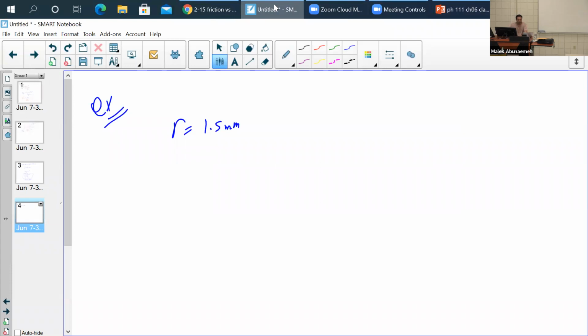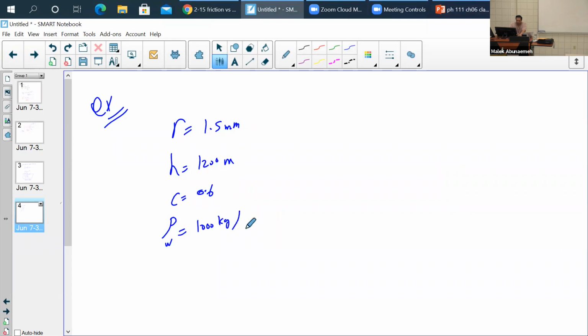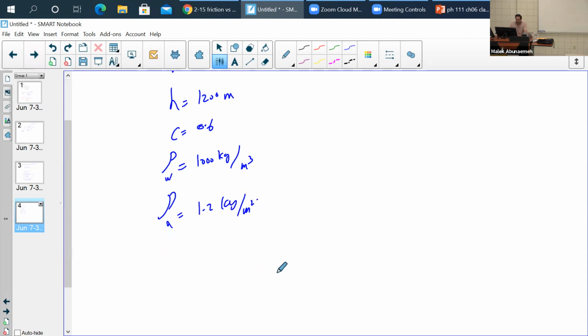So your height is 1,200 meters, where the drag coefficient C is 0.6, and the density of the water is 1,000 kilograms per meter cubed, and the density for the air is 1.2 kilograms per meter cubed. And we are trying to find the terminal speed.